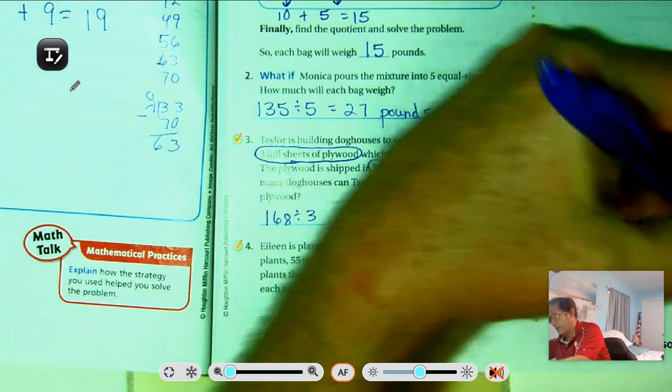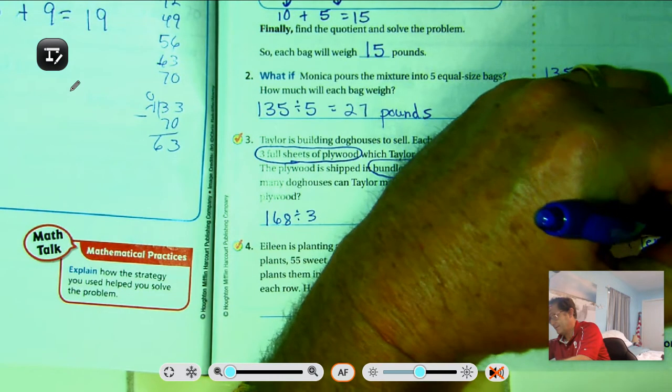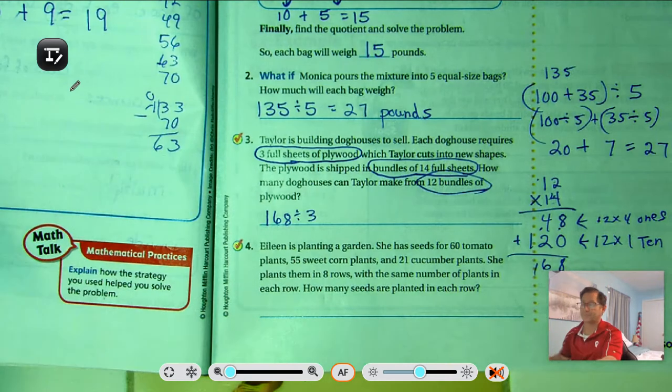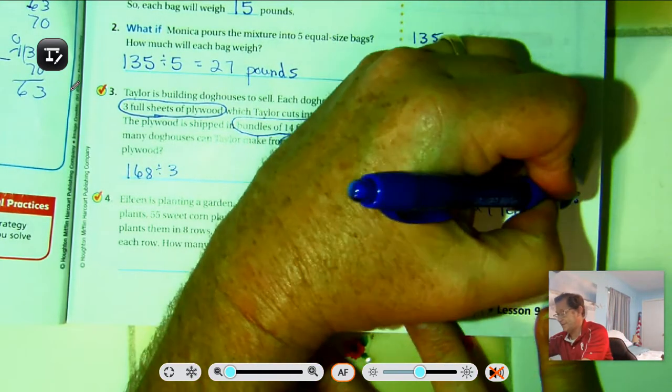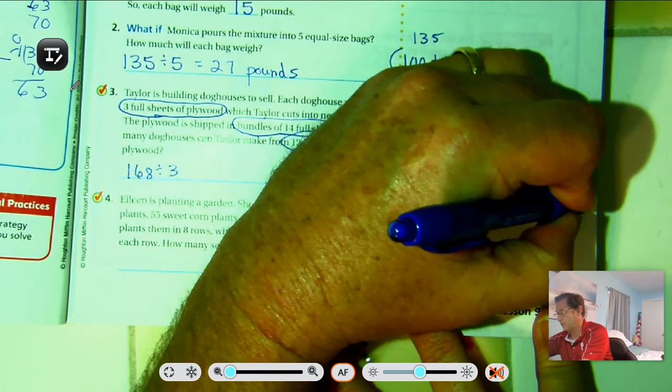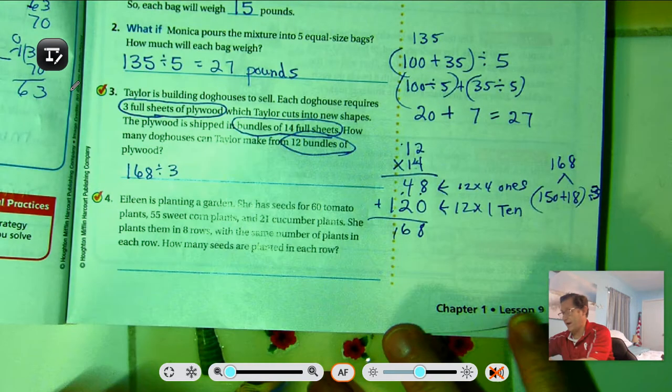So we're going to break up the 168 into 150 and 18. Okay, so all I did was break up 168 into 2 smaller numbers, and we're going to divide both of those numbers by 3.